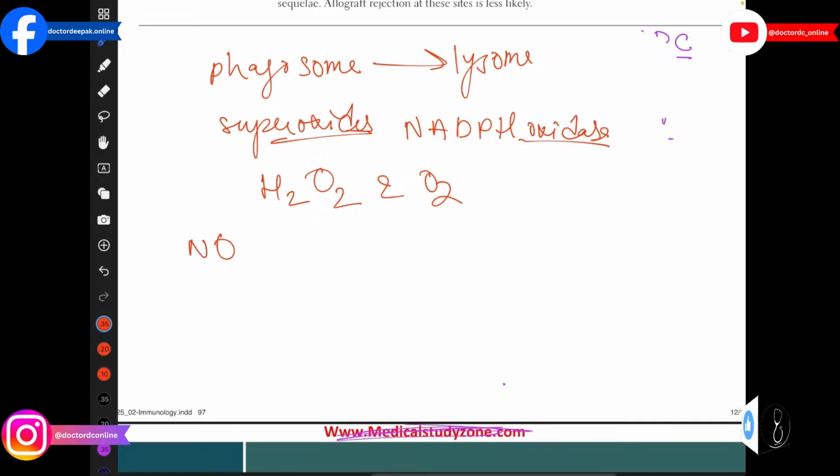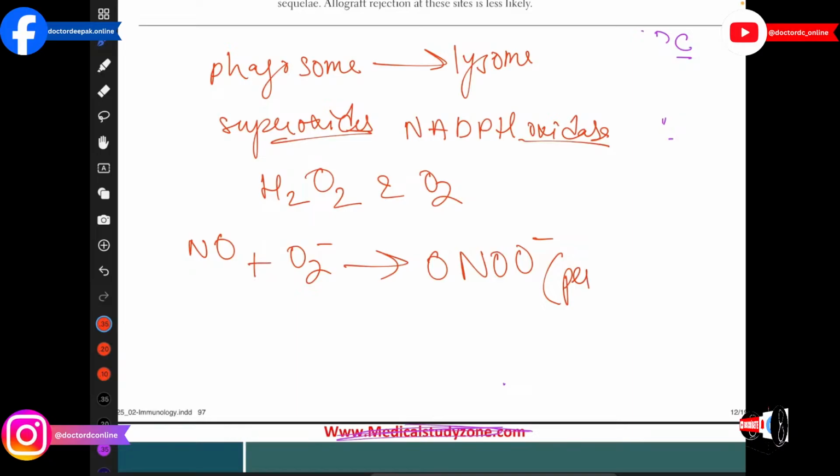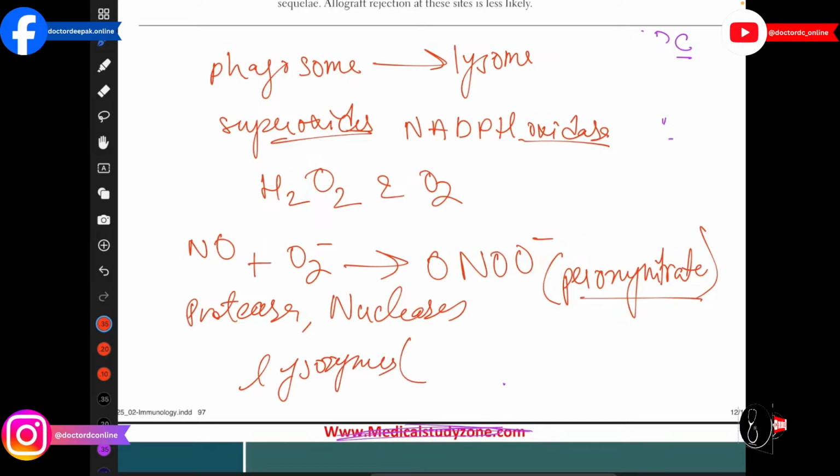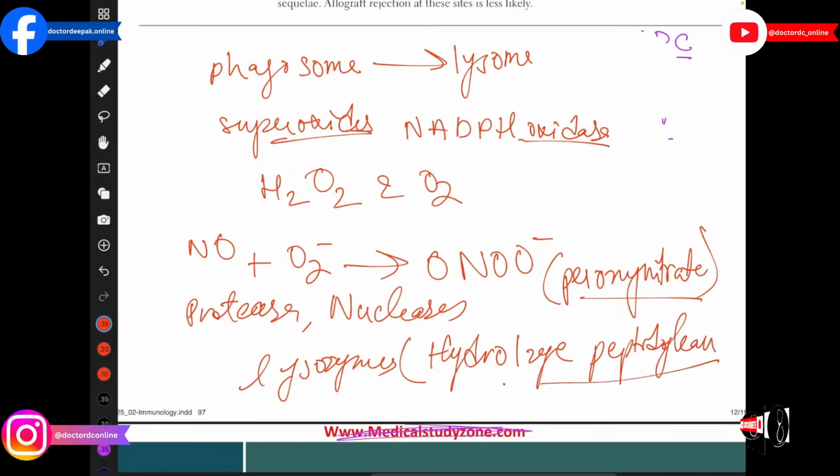For example, nitric oxide combines with superoxide to form peroxynitrite, also a strong compound against bacteria. And we use different enzymes like proteases, nucleases, and lysozymes, which hydrolyze peptidoglycan.